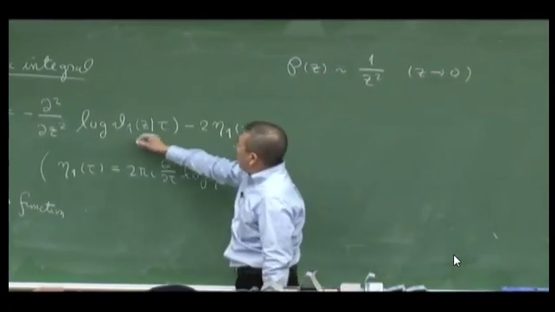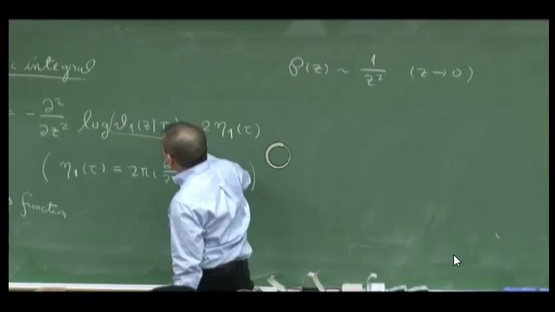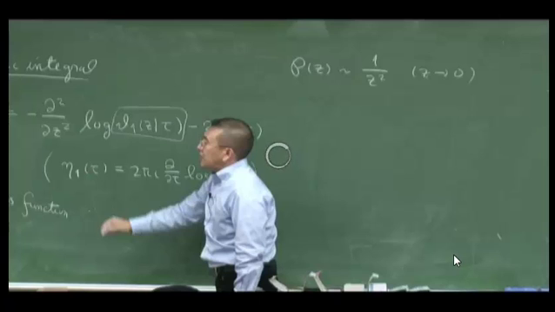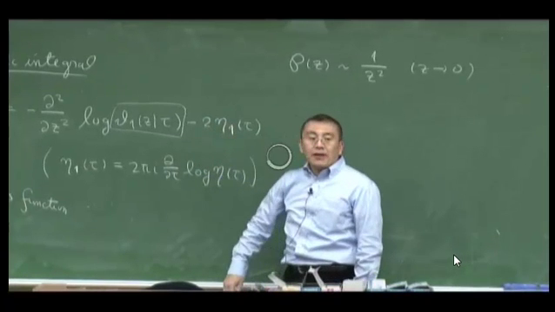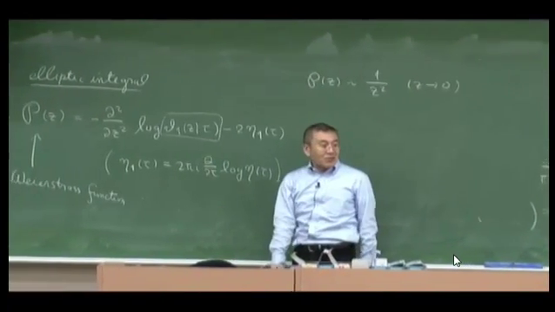As you can see from here, because theta 1 is a series of sine function in z. So therefore, it has 0 at z equals 0.